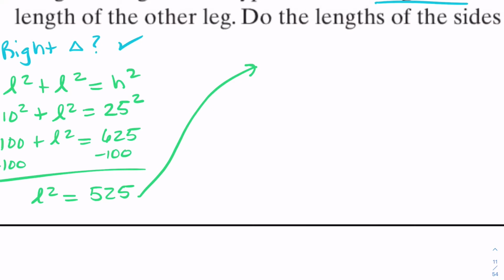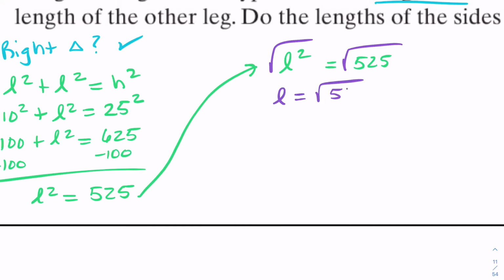I'm going to write it as leg squared equals 525. I'm going to find the square root of leg squared, square root of 525. So leg is equal to the square root of 525, which I found to be a perfect square in there of 25. So I got what, 25 and 21?